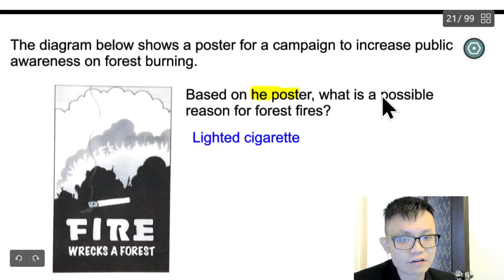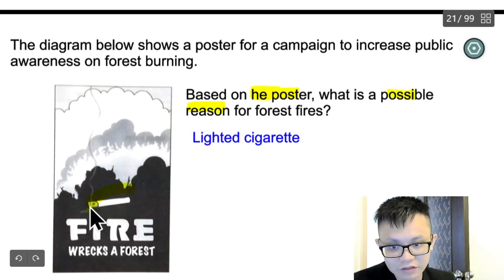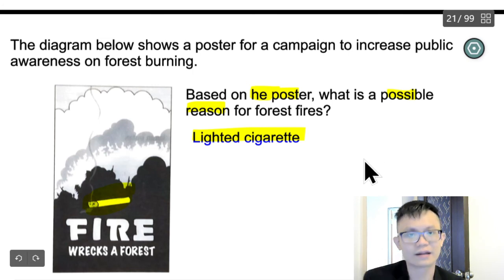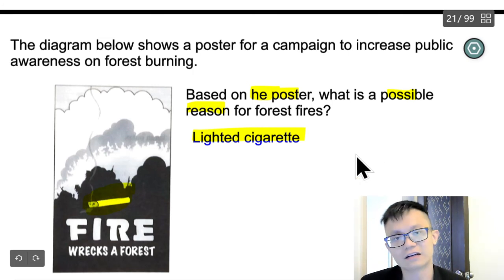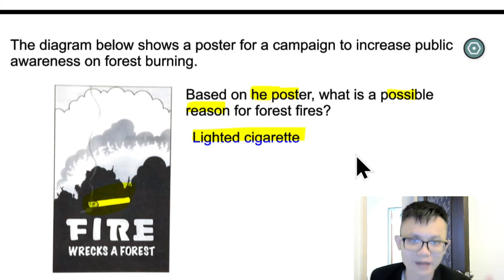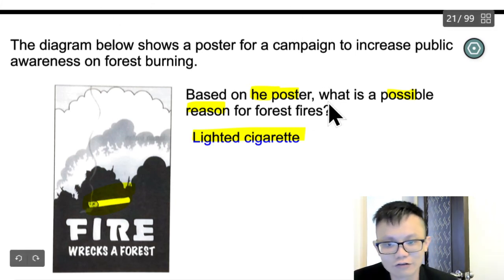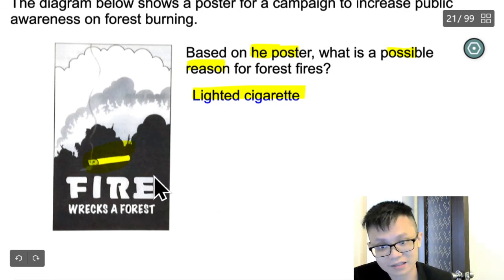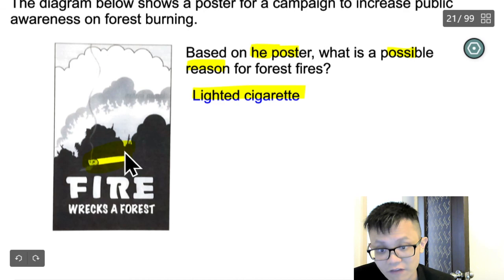You can see he drew it already. It is because of a lit cigarette. People smoke and then throw it, and suddenly there is a fire. Whose fault? Nobody's fault, because you don't know who threw it, but usually it is because of humans. Now during the MCO, you can see there is no burning of forest in Indonesia. Maybe people burn rubbish or smoke at that place, causing a forest fire.